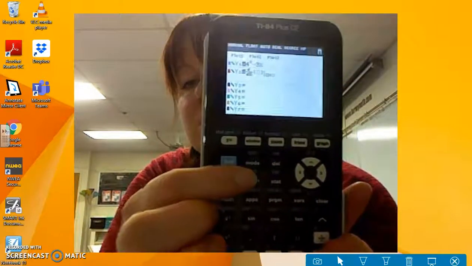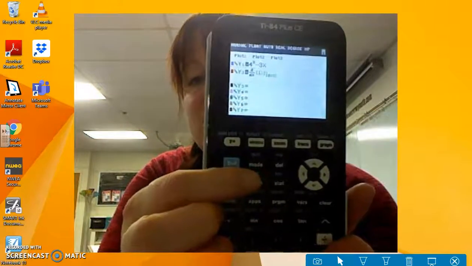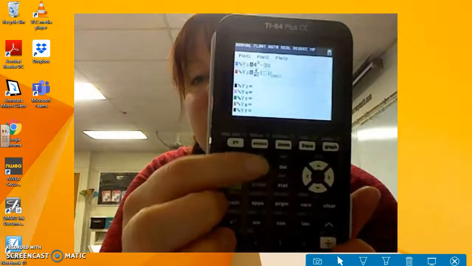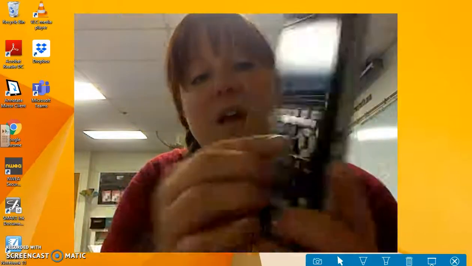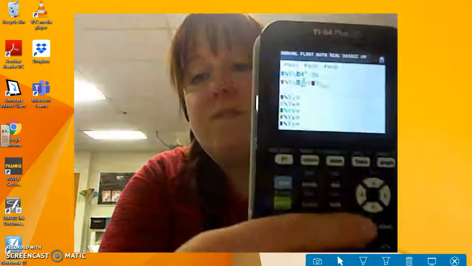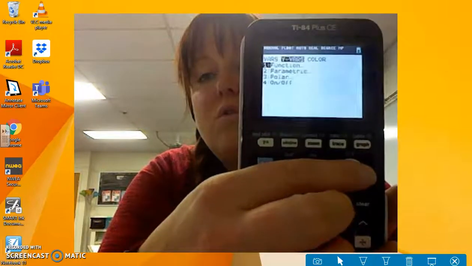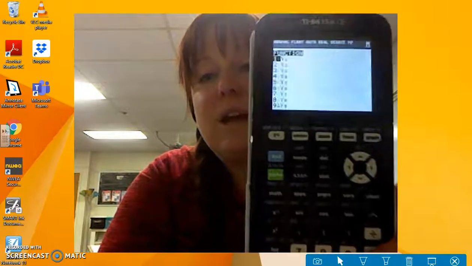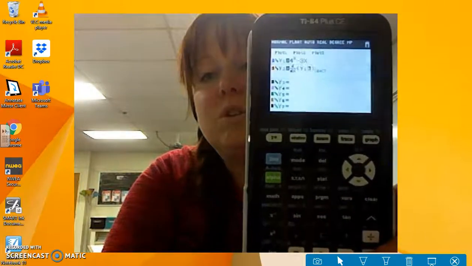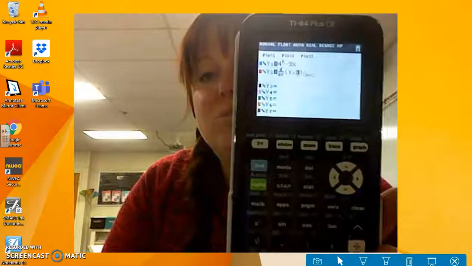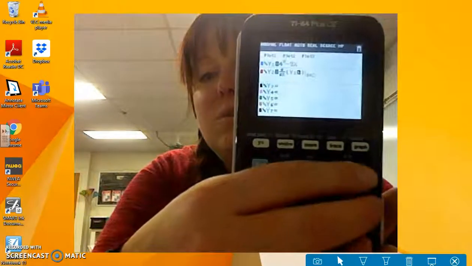So then I'm going to push x, and I'm going to derive. Well, what am I deriving? I'm deriving that first function, right? So I'm going to go to vars, and we're going to go over, and we're going to select the first function. So we want to find the derivative of y1, and here's the cool part.